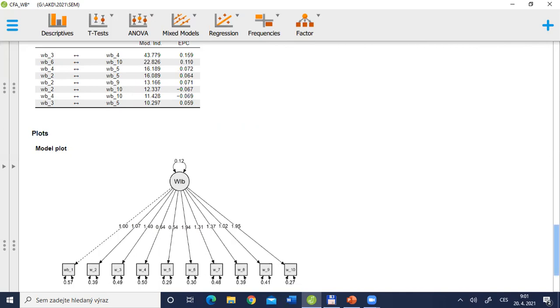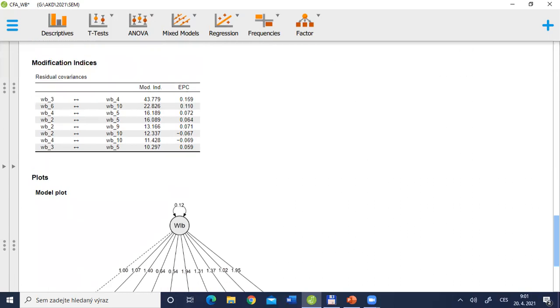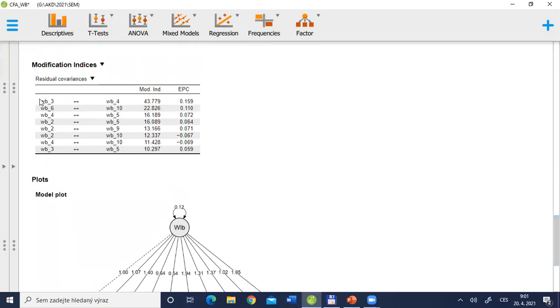And now we would briefly discuss the style of thinking and practicing of model changes with modification indices. So, first of all, if I ask for modification indices, I would find first the biggest value of the so-called modification index. This modification index is very simple to explain.